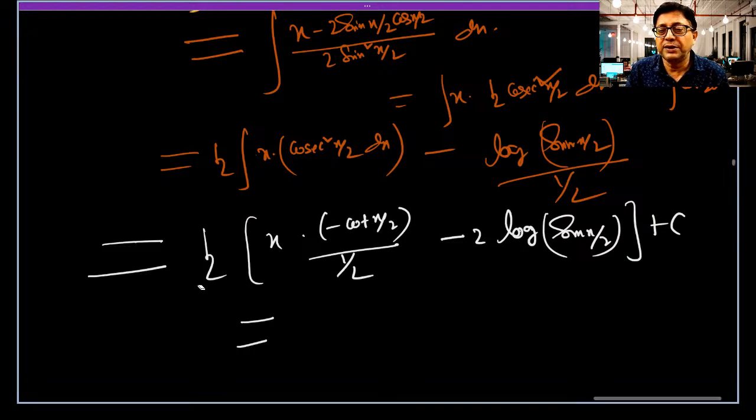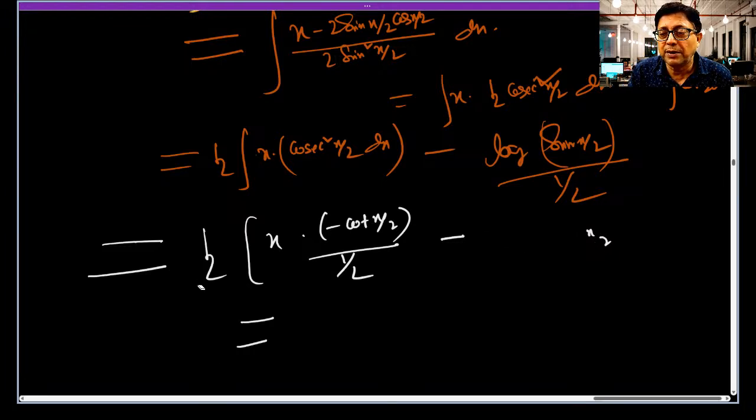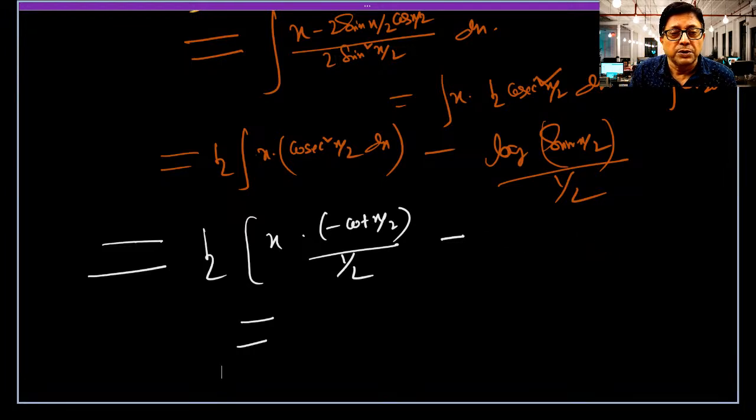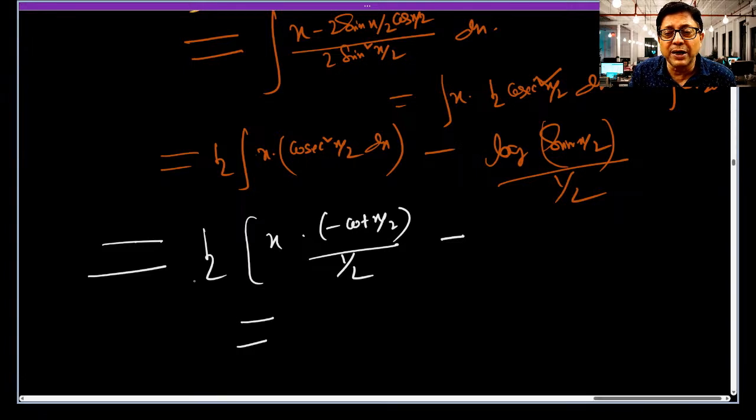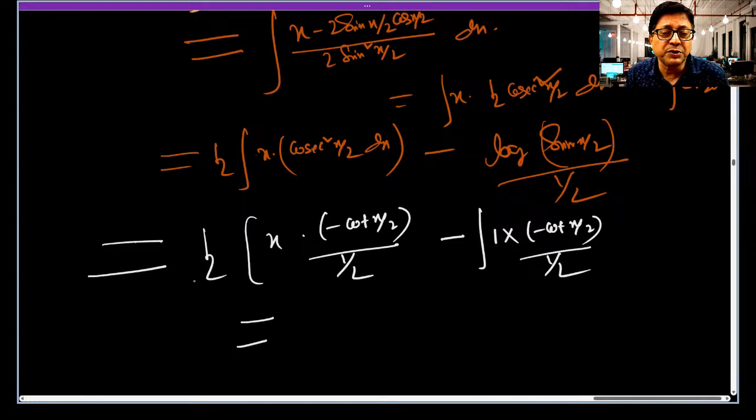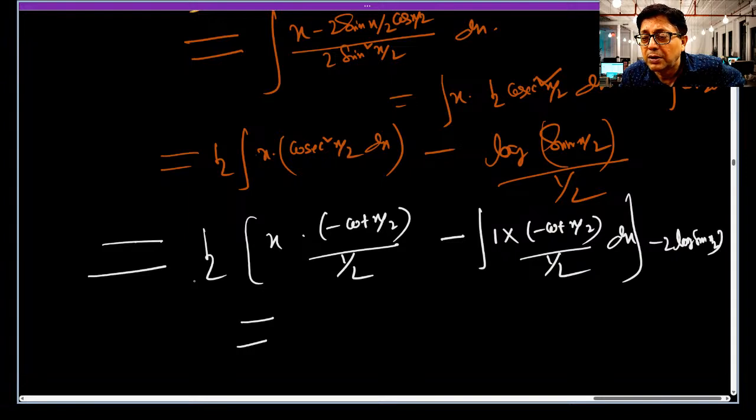Wait a minute, one more step we have to go. So x, this thing minus integration of 1 by 2 times cot x by 2, isn't it? Cosec square integration is minus cot x by 2 by 1 by 2 dx, minus 2 log sine x by 2.